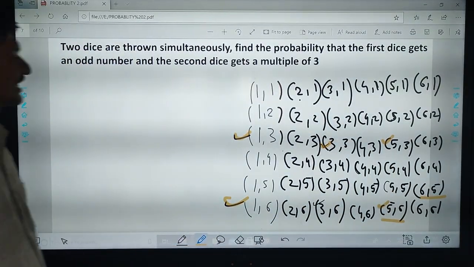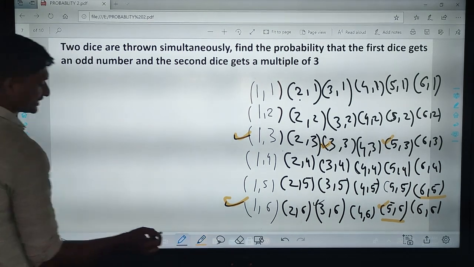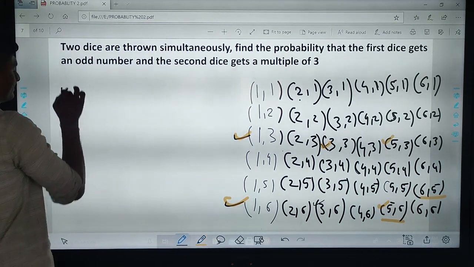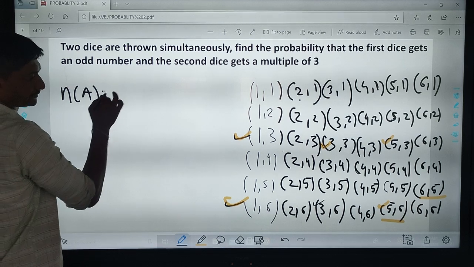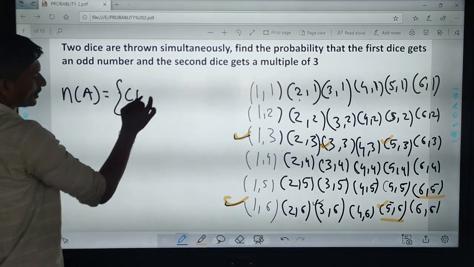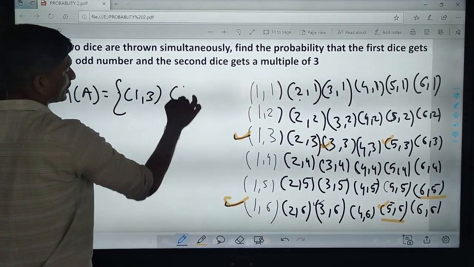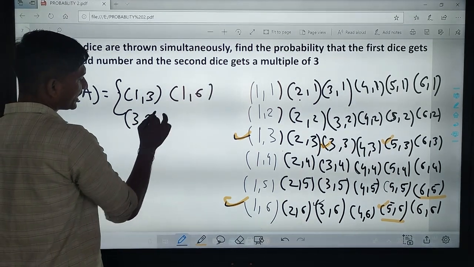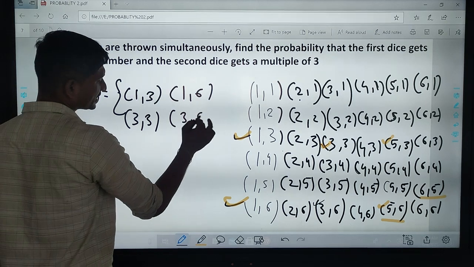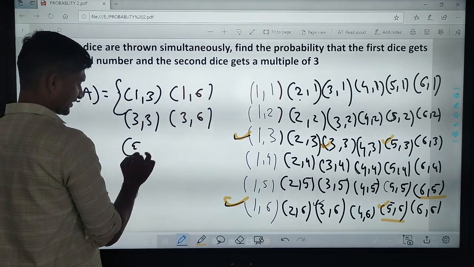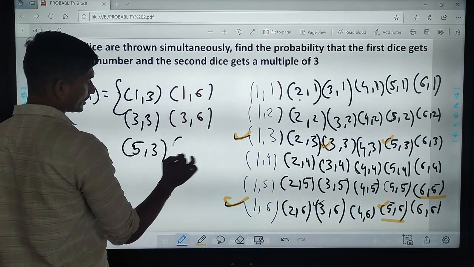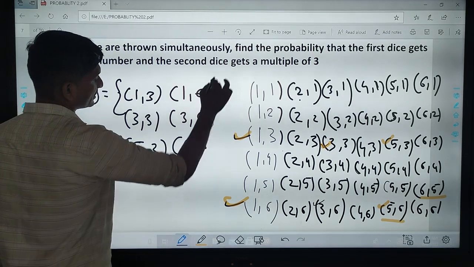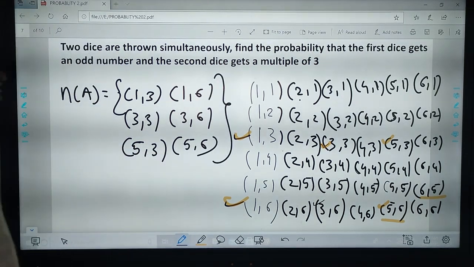Then we write the samples: 1,3, 1,6, 3,3, 3,6, 5,3, 5,6. These are the samples.